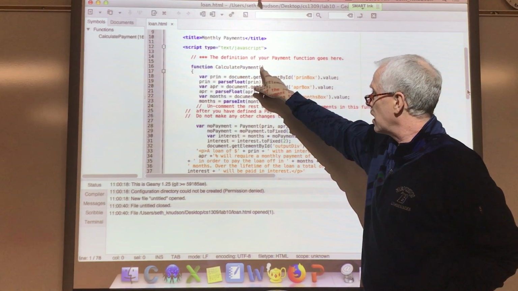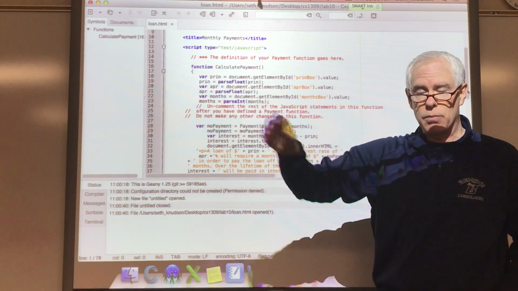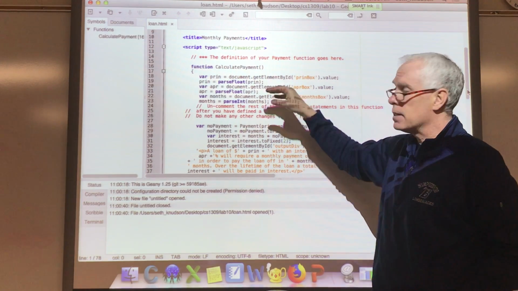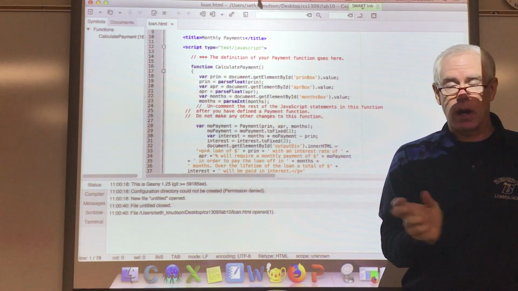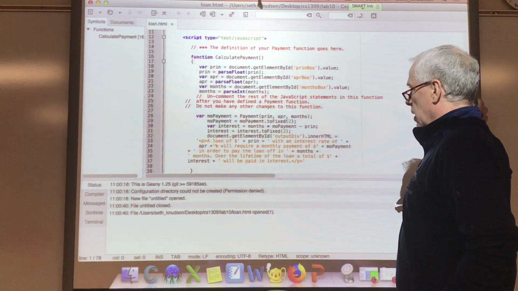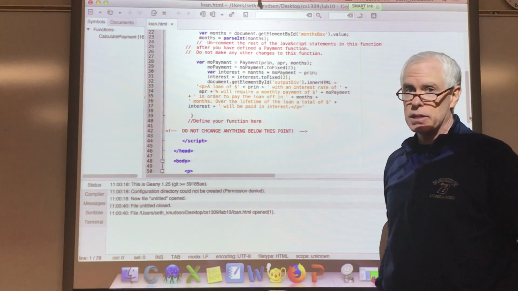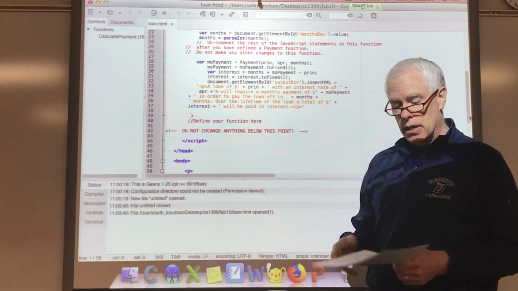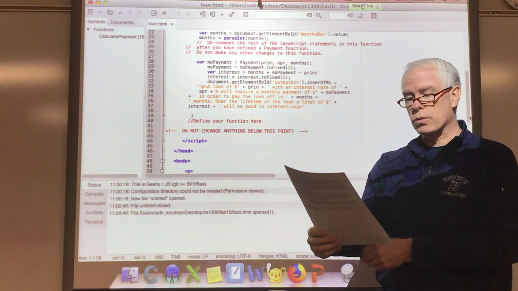So inside of your parentheses, you're going to have 3 parameters separated by commas. So you might have payment, and then principal, comma, APR, comma, months, however you want to do that, okay? And this function call is sending it those 3 pieces of information, so you can assume that your function knows what those are.